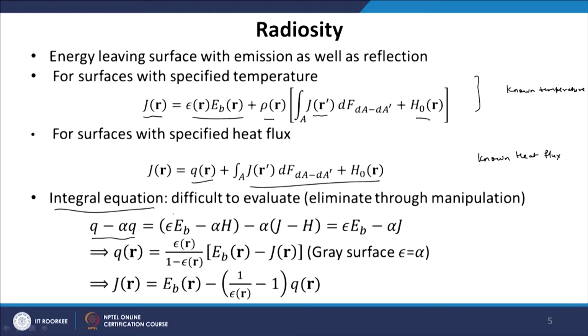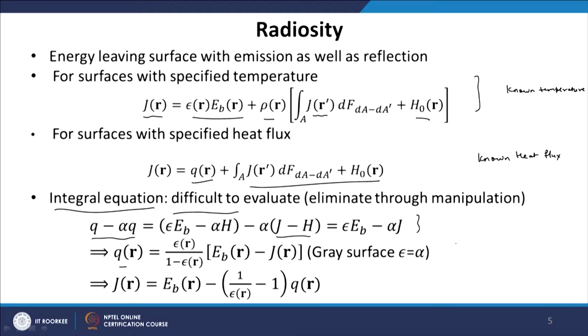This gives us epsilon E_b minus alpha H, and minus in this Q we put J minus H. Okay. So, from the same equation we are just trying to manipulate, okay, and this simplifies to epsilon E_b minus alpha J. Okay. So, from this we can solve for heat flux: Q is equal to epsilon upon 1 minus epsilon times E_b minus J. Okay.